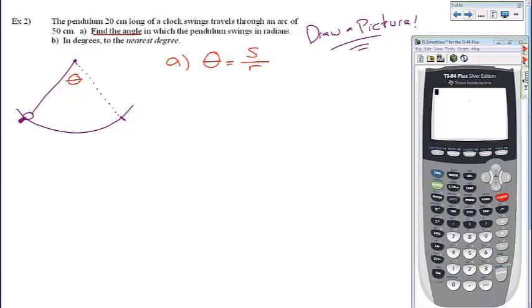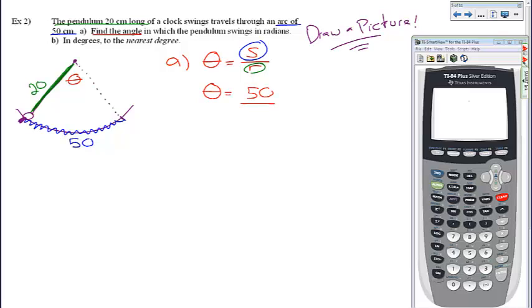So I use my formula, theta equal to S over R. I'm looking for theta, so I'm going to need to find the values of S and R. The radius is simple enough. This is the length of the pendulum, here given as 20 centimeters, which I label. The length of the arc is also given as 50 centimeters, which I also label.